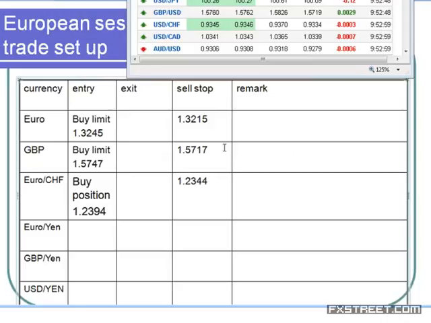Then John asks, does that mean that after pulling cable down from the high after data, they will then push it back up? Yes, they will push it back up during the US session. That is what the forecast says, and we are also able to see they have made a quick rise, so it is only an extended rise, and they are expected to make that drop slowly.